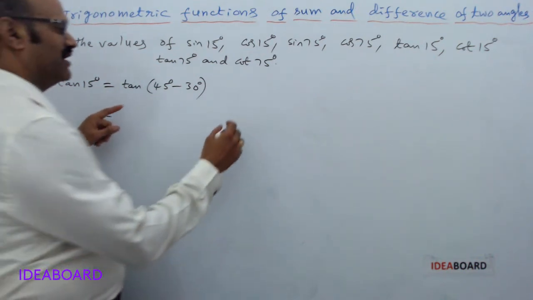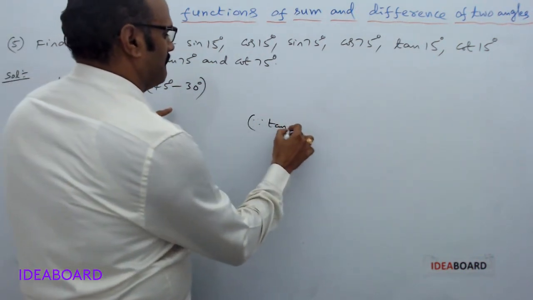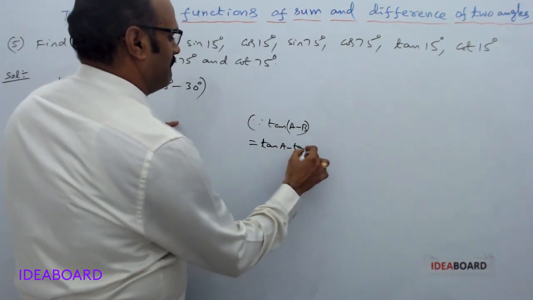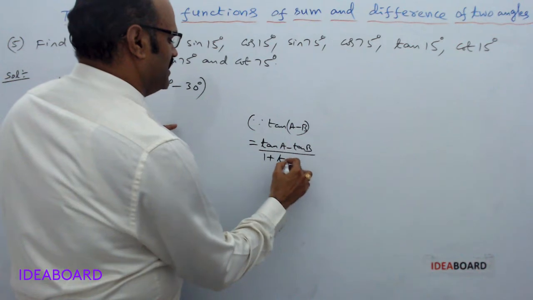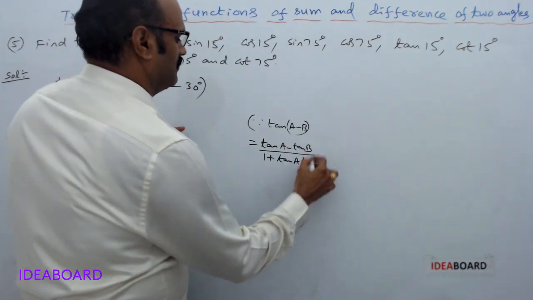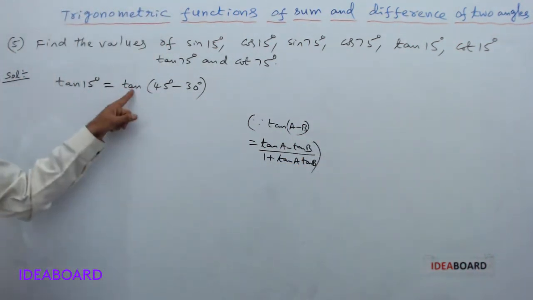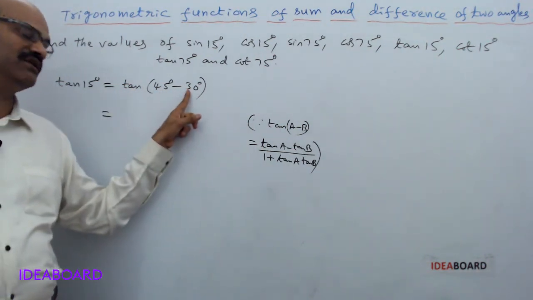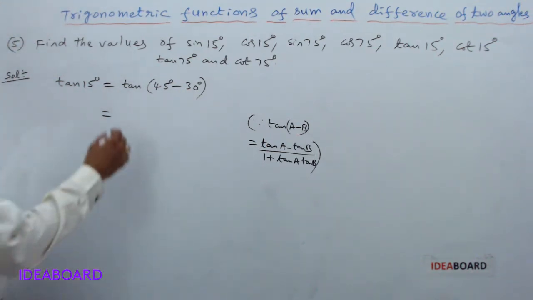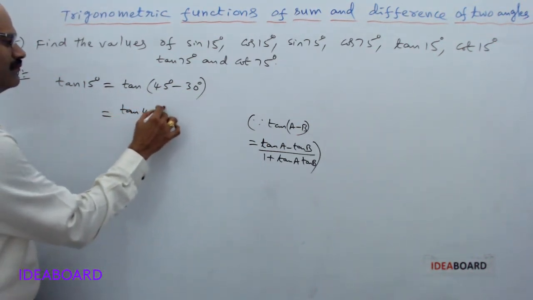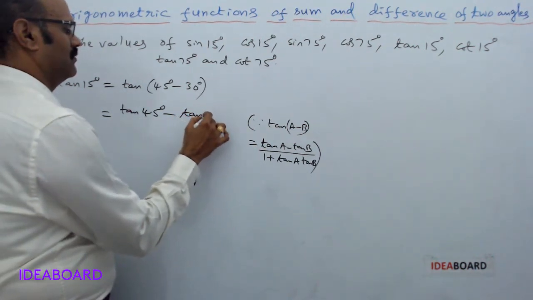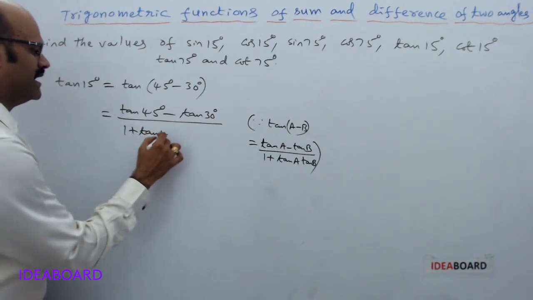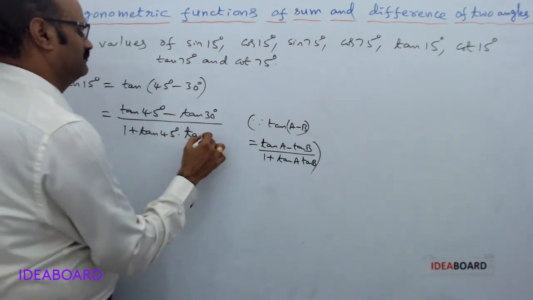The tan of a minus b formula is tan a minus tan b by 1 plus tan a into tan b. In the place of a we have 45 degrees and in the place of b we have 30 degrees.